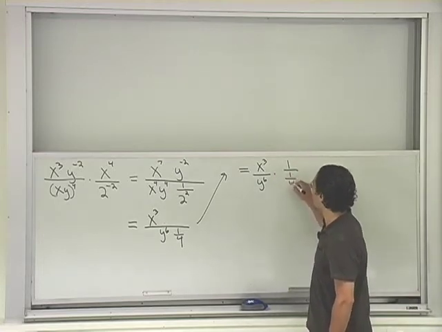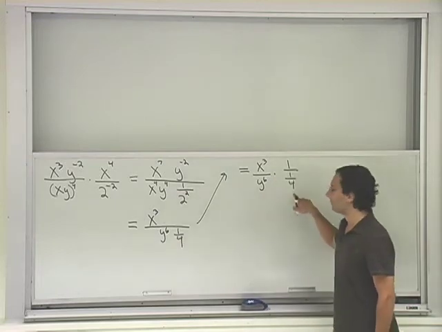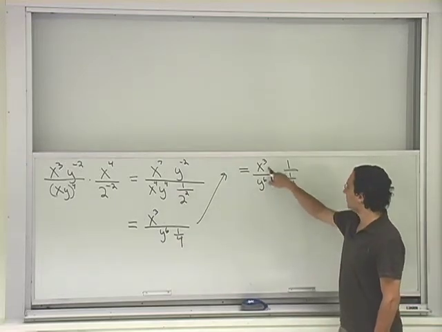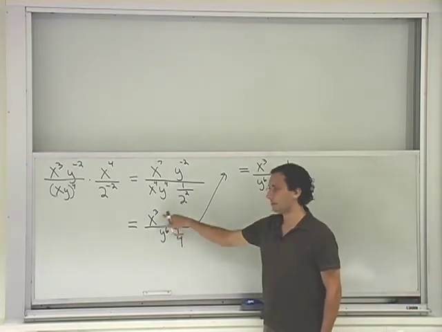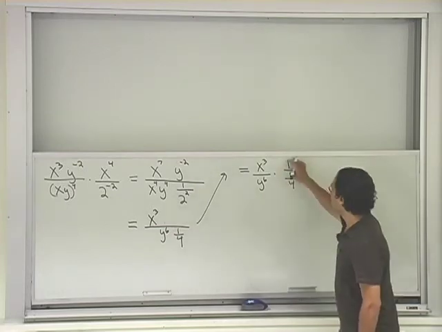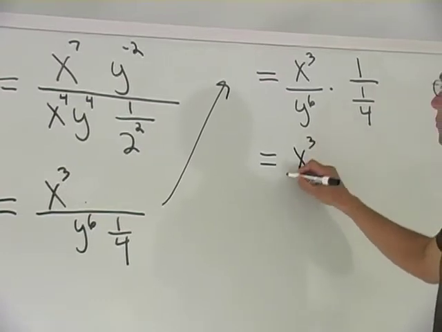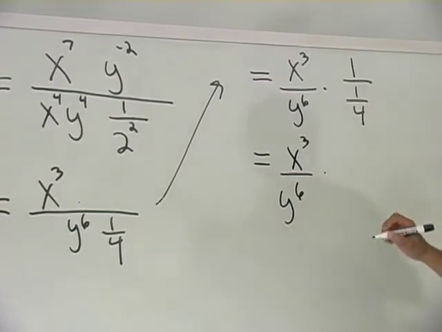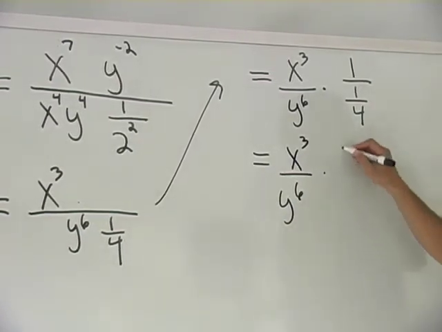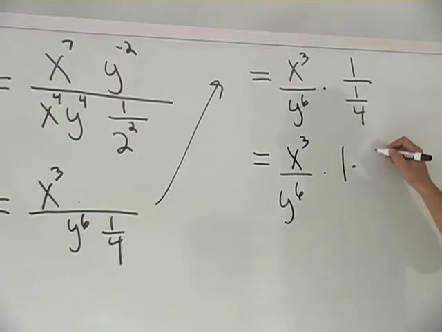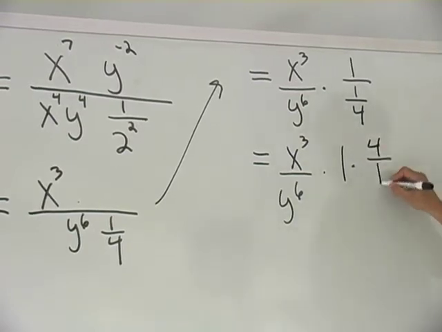Take a look, make sure you believe that these are the same, because when you multiply across. And I need to divide this. So this is the same thing as x cubed over y to the 6th. Dividing fractions is easy as pie. Just flip the second and multiply.